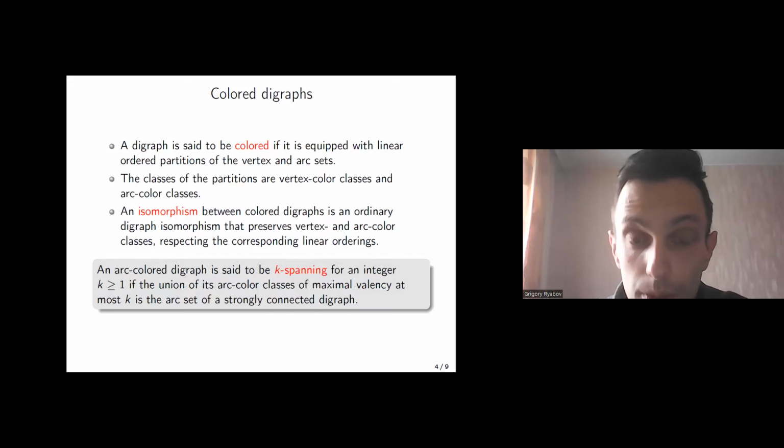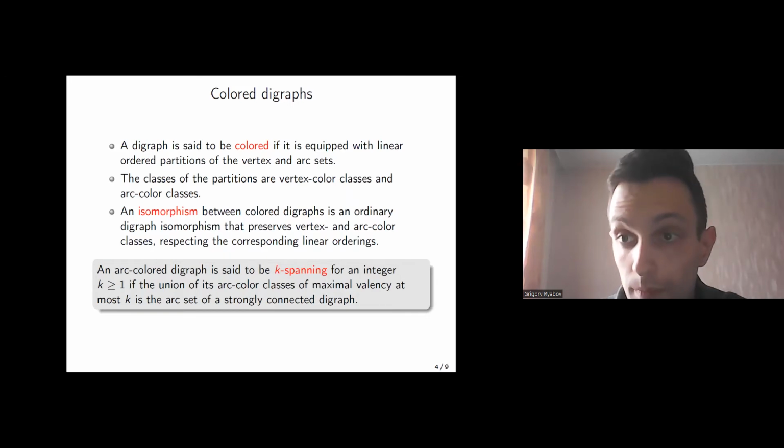The classes of the partition are vertex color classes and arc color classes. By an isomorphism between colored digraphs, we mean an ordinary digraph isomorphism that preserves vertex and arc color classes respecting the corresponding linear orders.